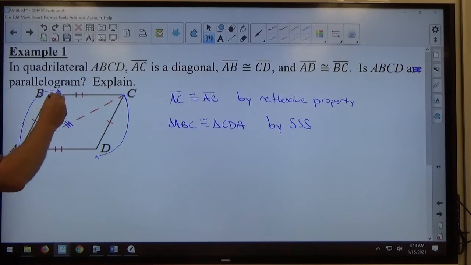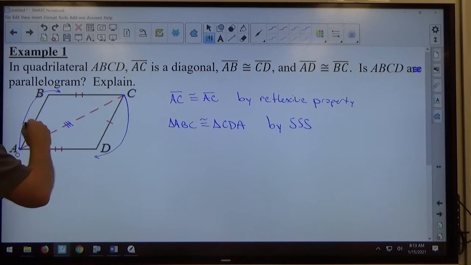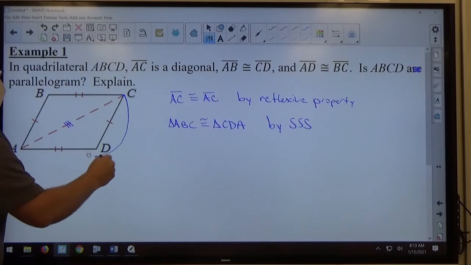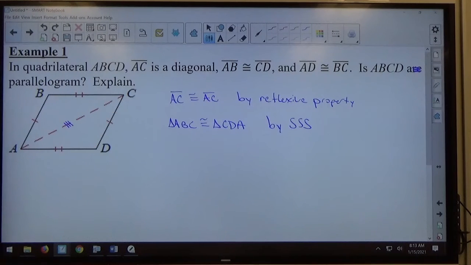Once the two triangles are congruent, now all the corresponding pieces are congruent. So I know that, and consecutive angles are supplementary too, right? I guess we haven't shown parallel yet.